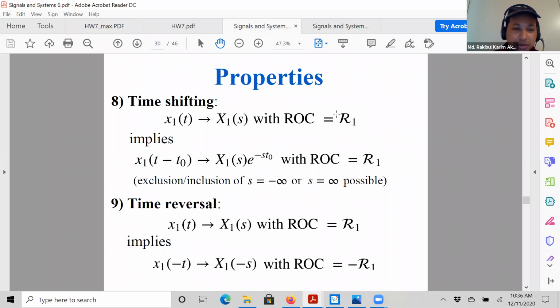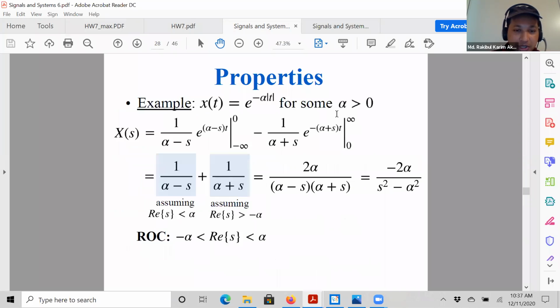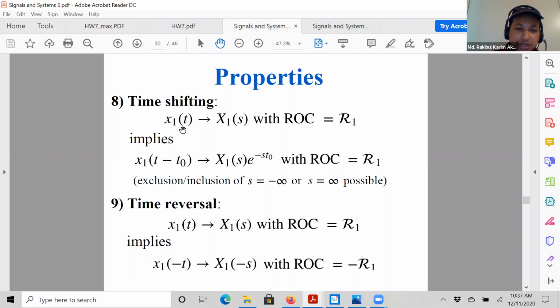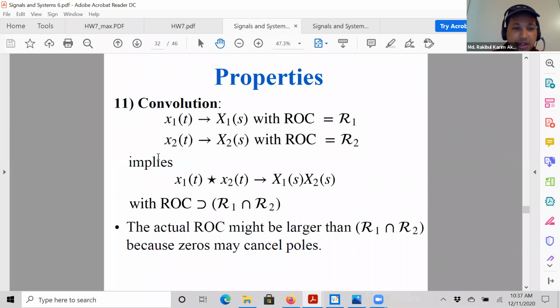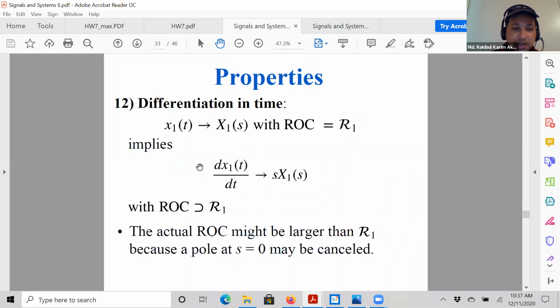You don't have to remember all of these equations. Most of the time the property we use is the time shifting property. This is shifting in the s domain, shifting in the time domain, shifting in the frequency domain. These are 8 and 10, and sometimes convolution also, 8, 10, 11.